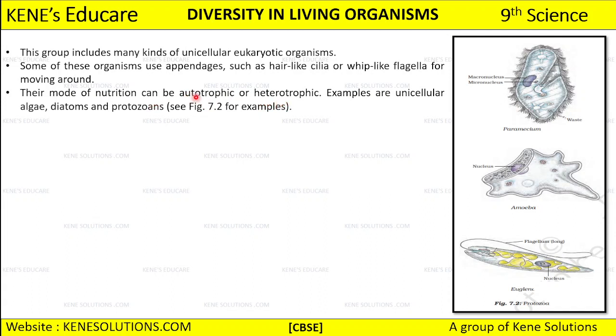Okay, so the examples of these organisms are unicellular algae, diatoms and protozoans. If you can see, we have the examples of paramecium, amoeba, and protozoa.